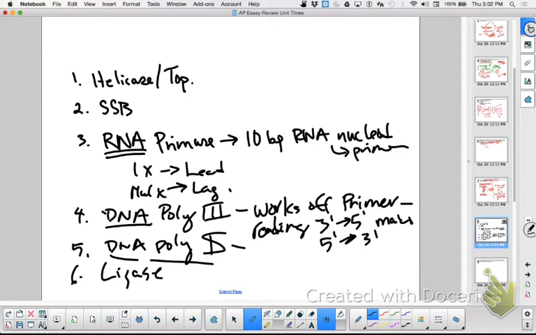But when the primer got taken out and replaced, you need to seal it up so the Okazaki fragments all get connected together. On this one, when we talked about DNA polymerase 3, that would be a good time to talk about the Okazaki fragments. Okay, that's that.